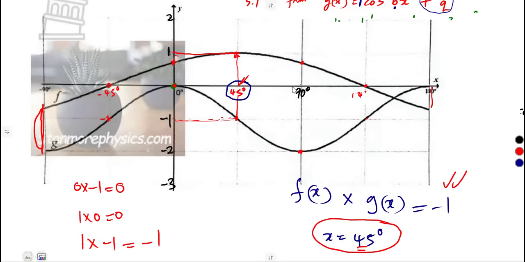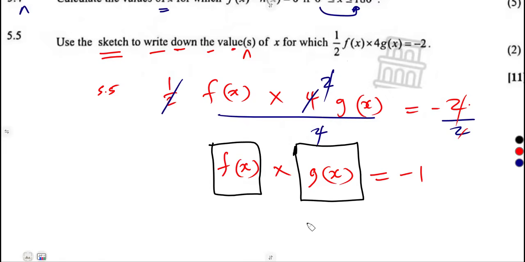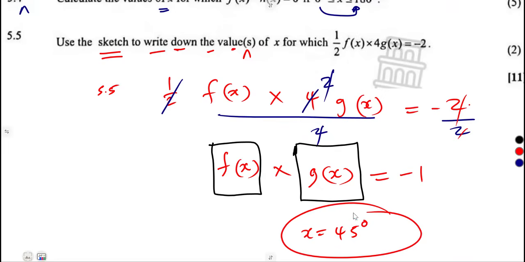Remember, this is 0, this is 90, so in between, that's 45 degrees. That is the condition. This is the condition where the product of the graphs is negative 1.